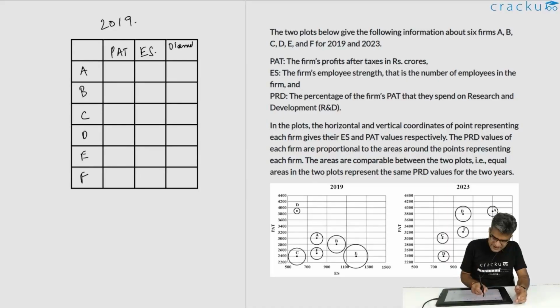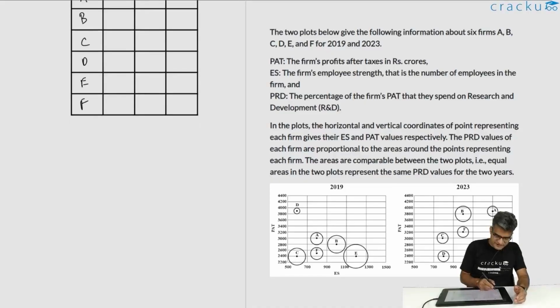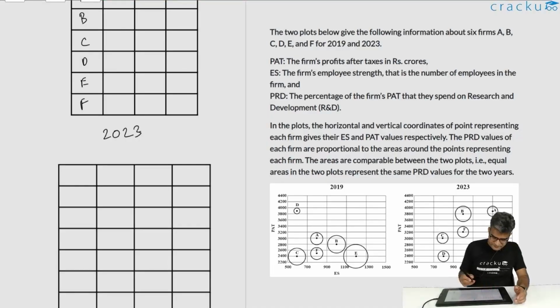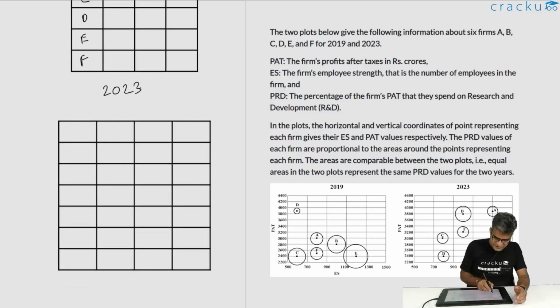Based on the diameter, I can calculate the area, diameter for PRD. I would draw one table like this. I'll draw another table for 2023. This is for 2023. It will also have some rows and some columns. Again, we have A, B, C, D, E and F. We have PAT, we have employee strength, and we have the diameter for PRD.